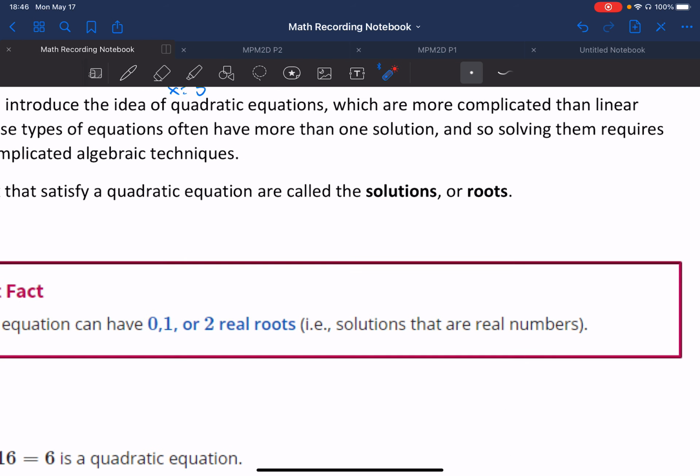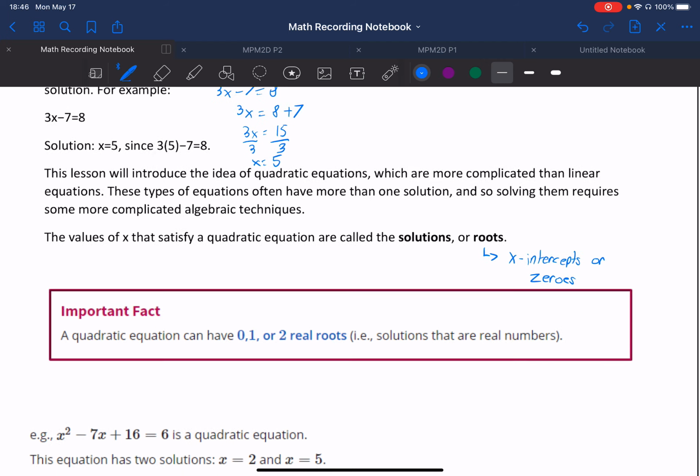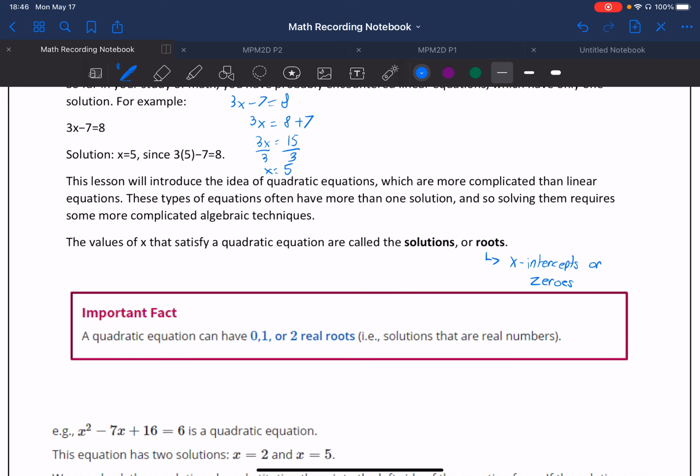If we remember correctly what a root is, these are going to be our x-intercepts or our zeros. They do mean the same thing, but we use both terms interchangeably. An important fact about quadratic relations is they can have 0, 1, or 2 real roots, solutions that are real numbers in this case.